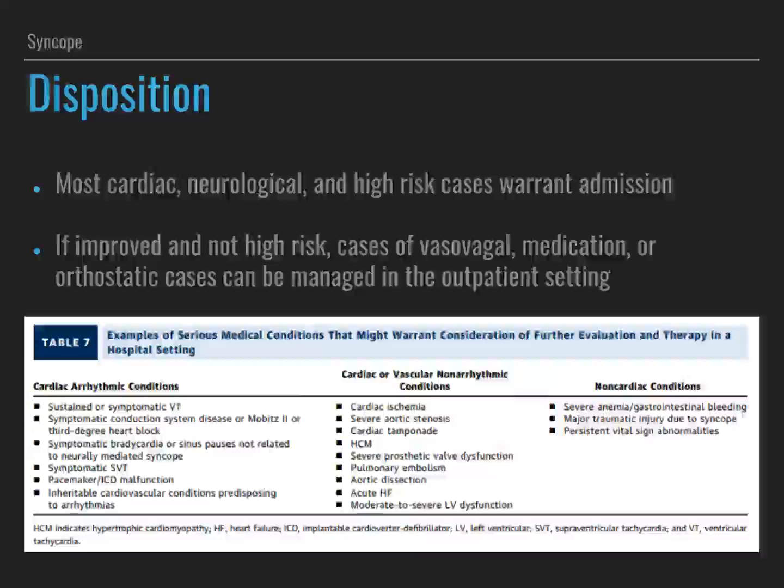These are significant causes of either cardiac ischemia or structural heart disease, or significant blood loss, significant trauma, or persistent abnormal vital signs despite resuscitation. These patients all probably warrant admission. And really being thoughtful about our treatment of these different causes. Again, it's really respective of what the underlying etiology is here.